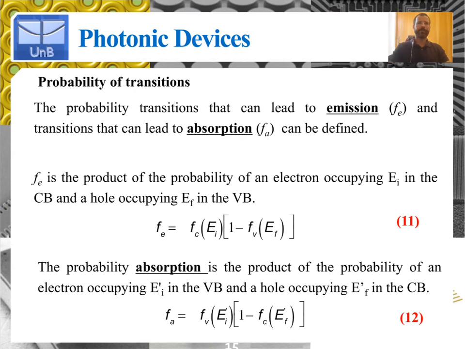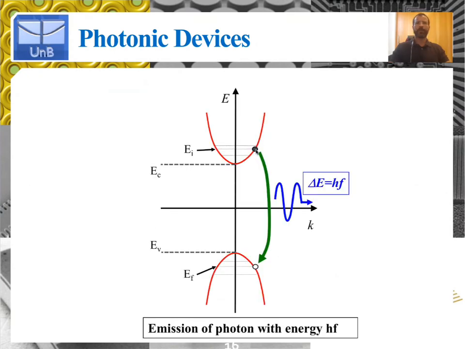Again, because as we just said, for emission to occur, you need to have an electron in an initial state in the conduction band and a hole in a final state in the valence band, so that the electron can lose energy and emit a photon.